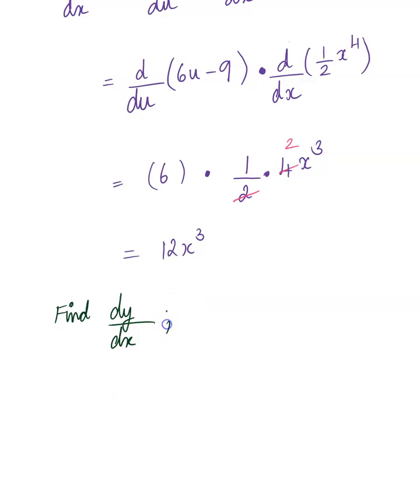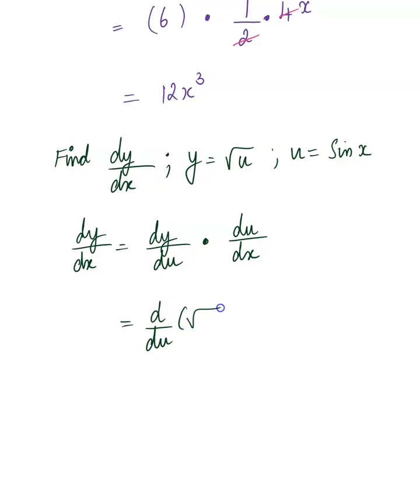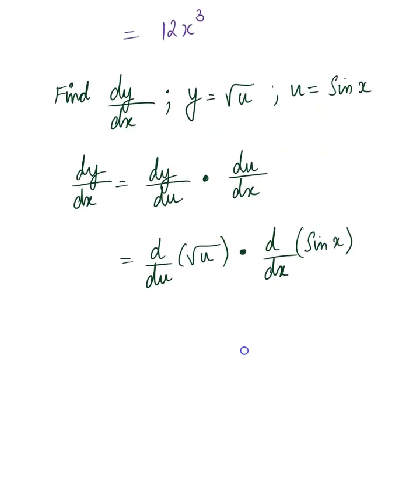Dy over dx, where y is square root of u and u is sine x. Now, square root of u, that can be written as a power, u power half.